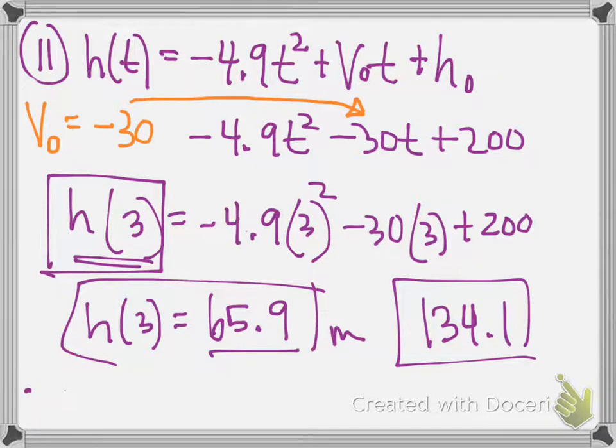At 3 seconds, here's how high it is. Another way to think about the question is, after the 3 seconds, you take the 200 and subtract 65.9, and you get 134. So this is where it is at 3 seconds.